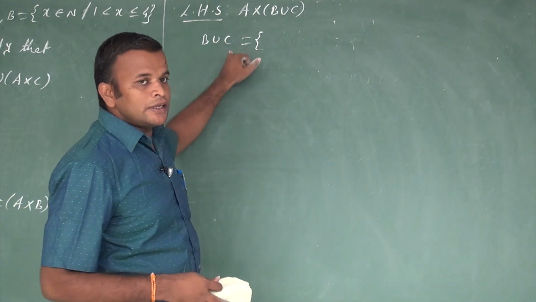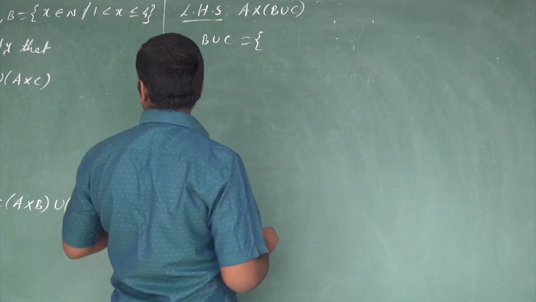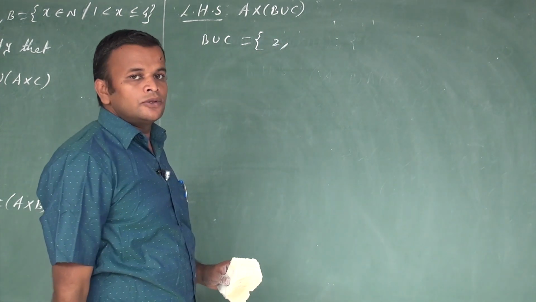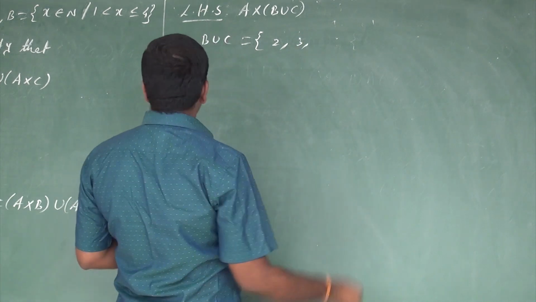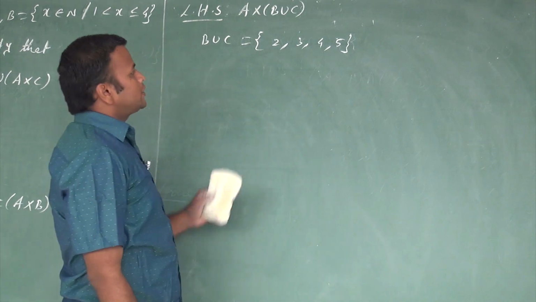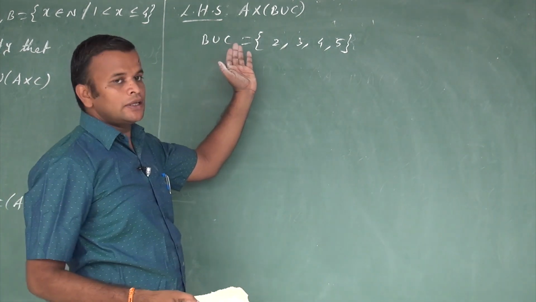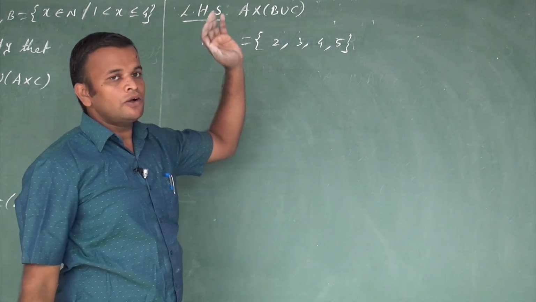In B and C, the smallest number is 2, so first I write 2. The next numbers are 3, then 4, 5. So these are the values of B union C: 2, 3, 4, 5.